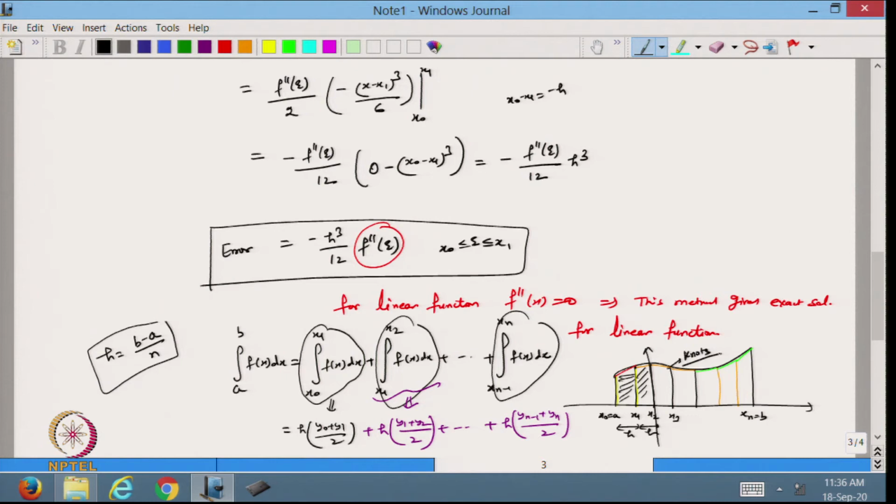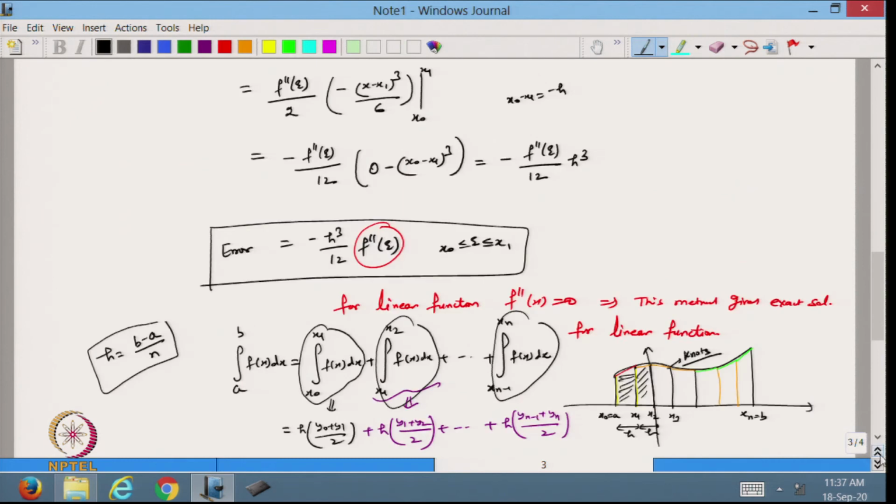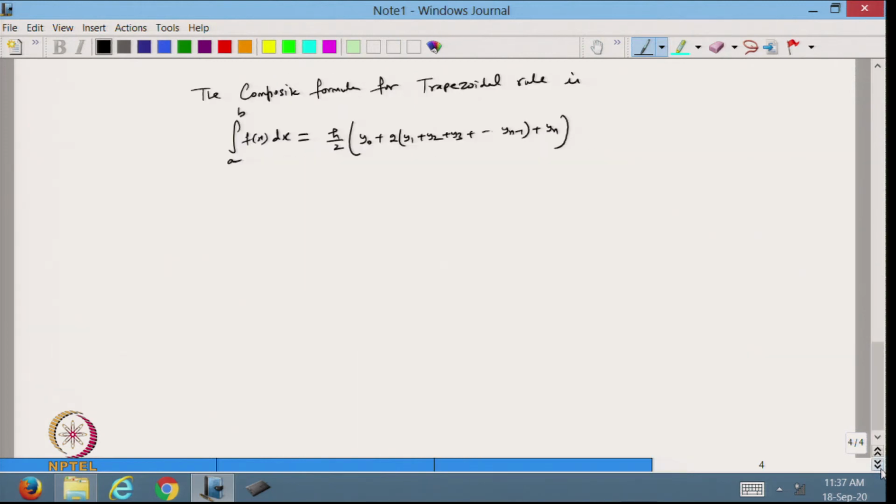In this case the connecting node is y1. So, I will get 2 y1 plus y2 plus y3 up to y(n minus 1) plus yn. Here y(n minus 1) is also a connecting node, so it will be used on the left side and the right side also. That is the formula of the composite trapezoidal rule.